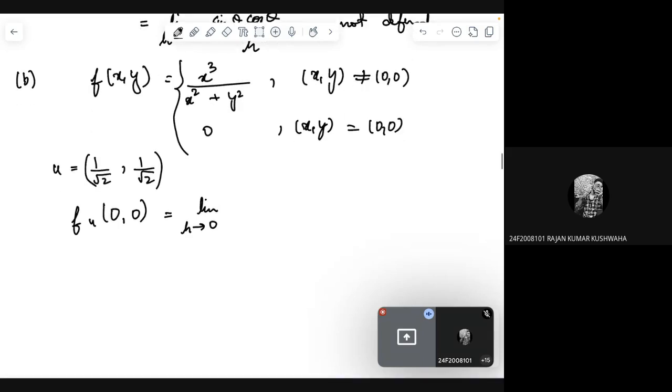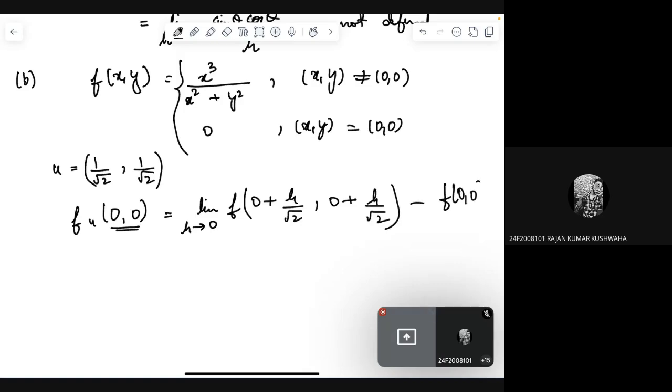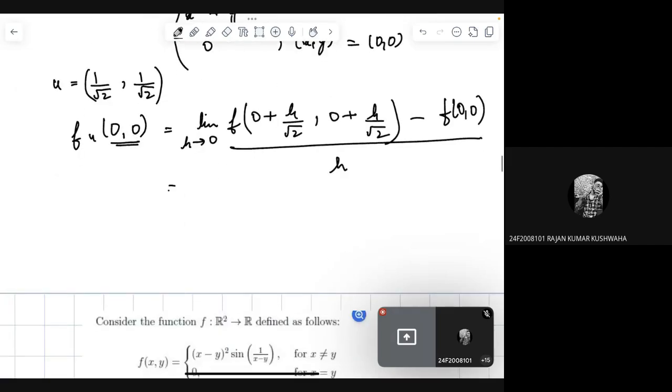I'm going to apply this particular formula only, because this is (0,0). So this is 0 again in this particular example.